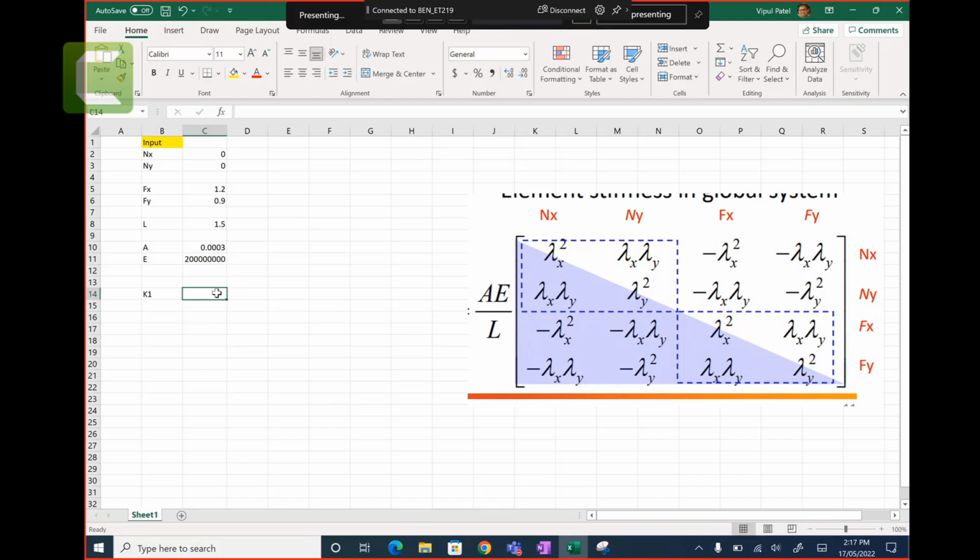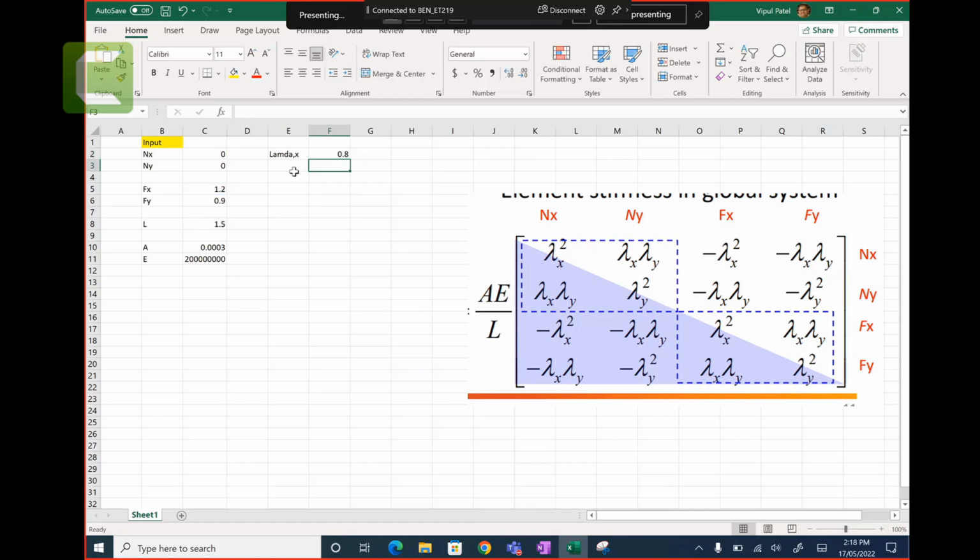So the lambda. Let's calculate. Okay, now the calculations start here. Let's say this is our input, and calculations. Let's do lambda x, which is far node x, 1.2, take away near node x, divided by length. Right, so you put equal to bracket fx minus nx, divided by length, is lambda x.